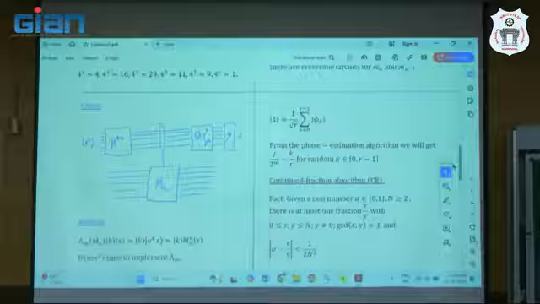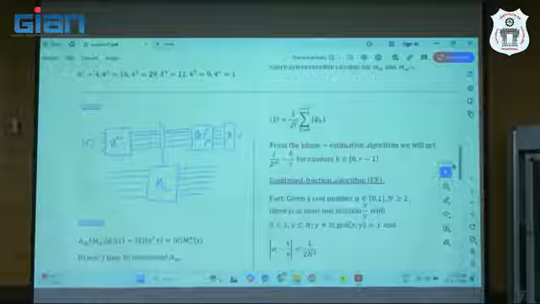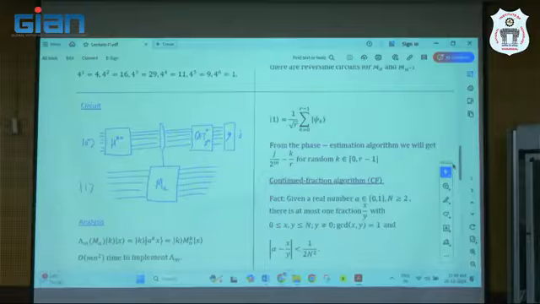We are trying to approximate it by a rational number, and also the rational number in its simplest form. There should be no common factor between numerator and denominator. A rational number in the simplest form. Then such a rational number, there is at most one such fraction.